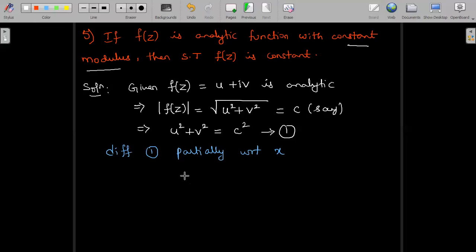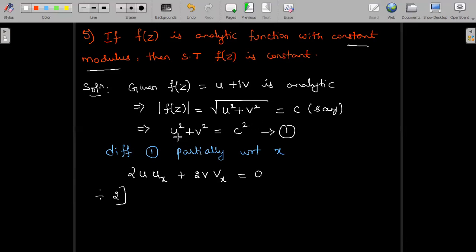Once I differentiate partially with respect to x, I can similarly write down an expression with respect to y. Now, what is the differentiation of u square? It is 2u into dou u by dou x plus 2v into dou v by dou x is equal to 0, because the right hand side c square is a constant. Differentiation of a constant is 0.